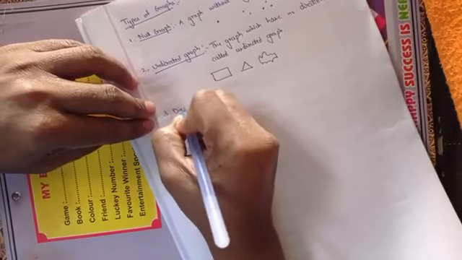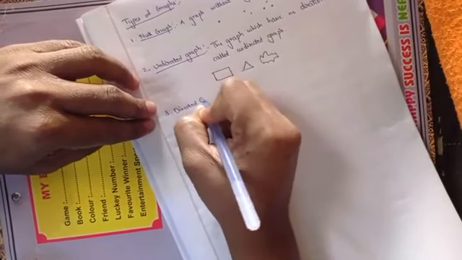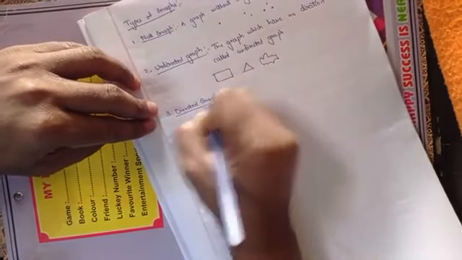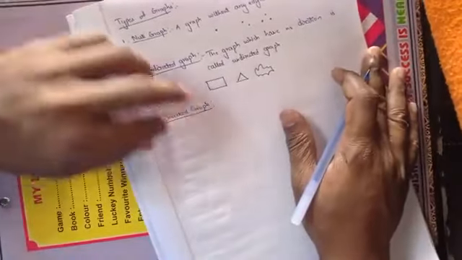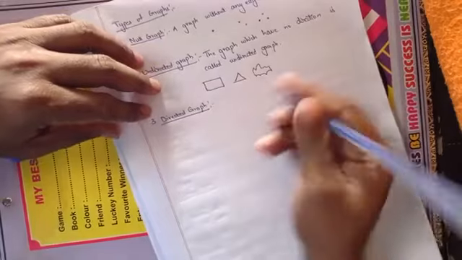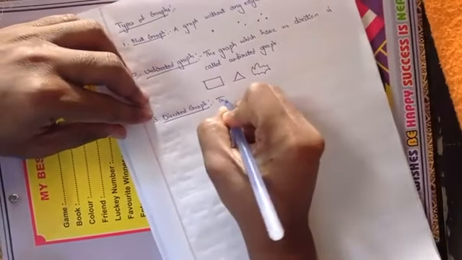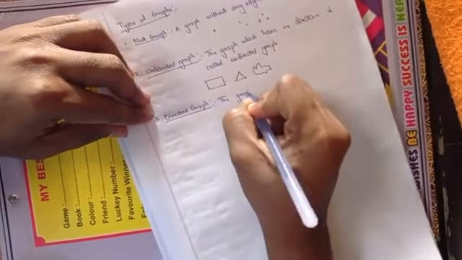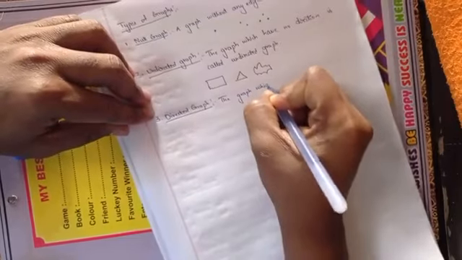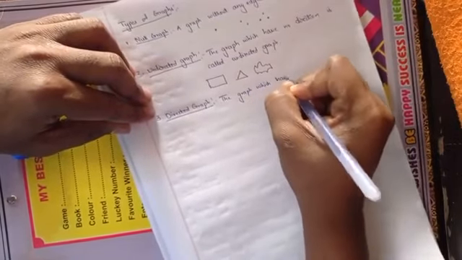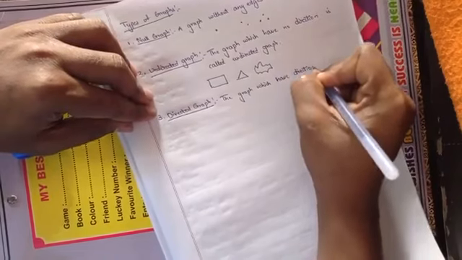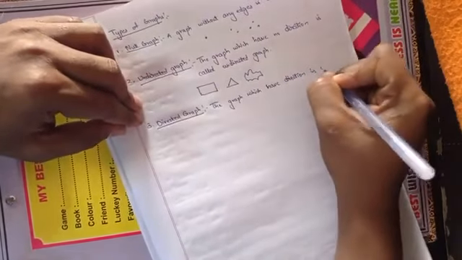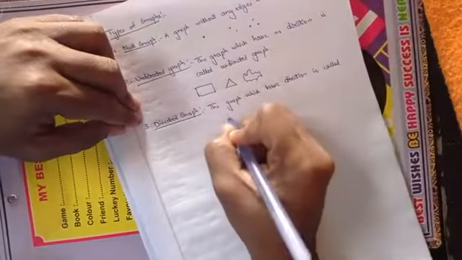Let us move to another graph, that is the directed graph. A directed graph is quite the opposite of an undirected graph. The graph which has directions is called a directed graph.